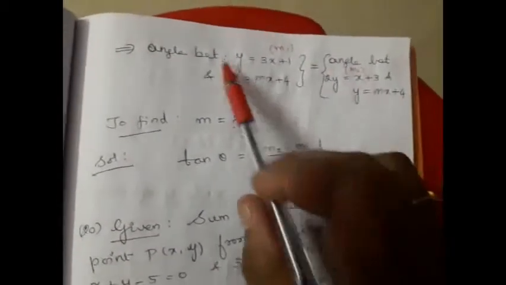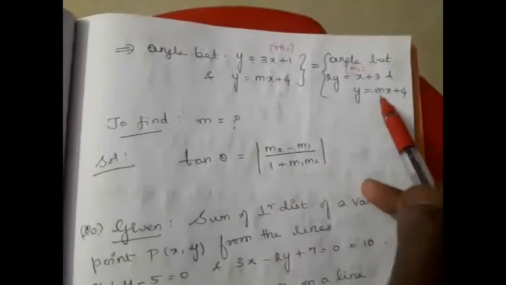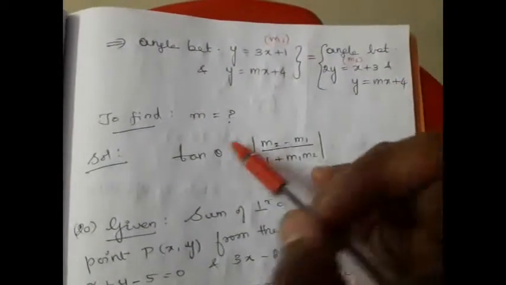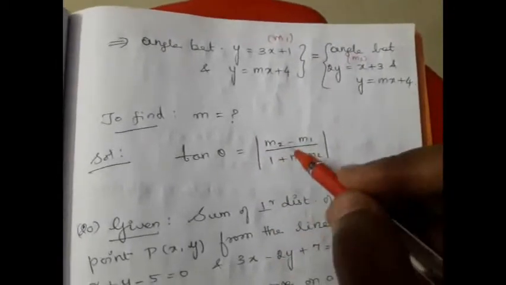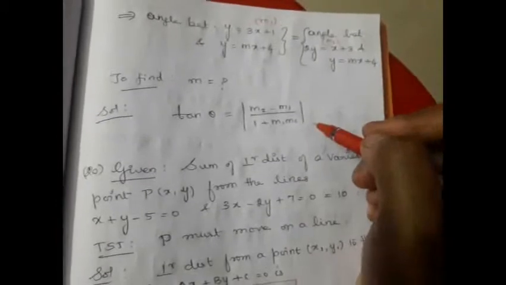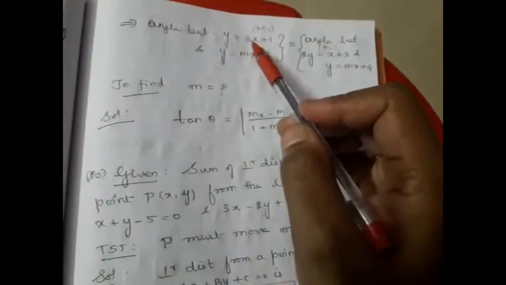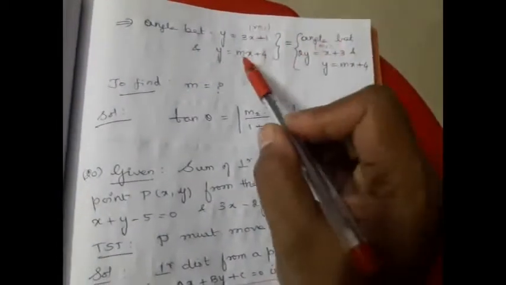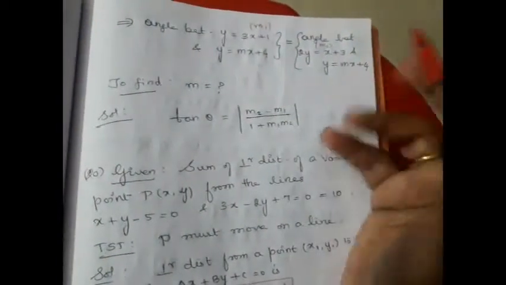Using this, they asked you to find the value of m. What is the formula to find the angle between two lines? tan theta = |(m2 - m1)/(1 + m1 m2)|. Take the slope of this line as m1 and the slope of this line as m2, and the slope of the third line is already m.